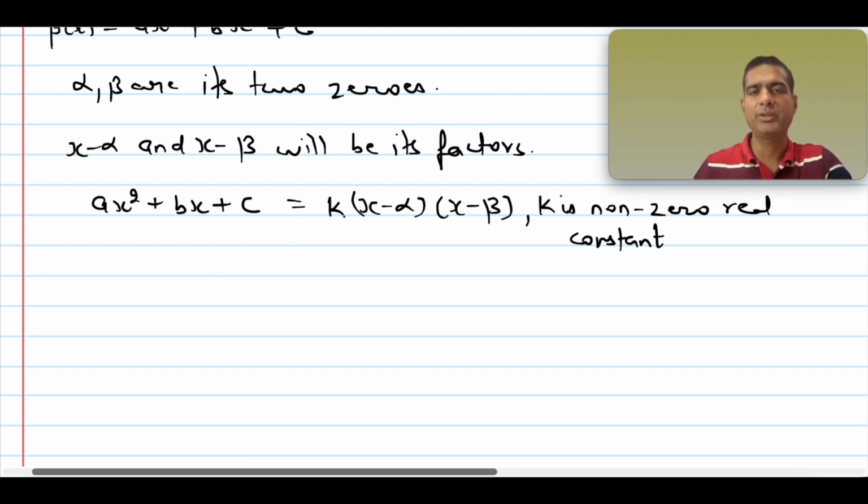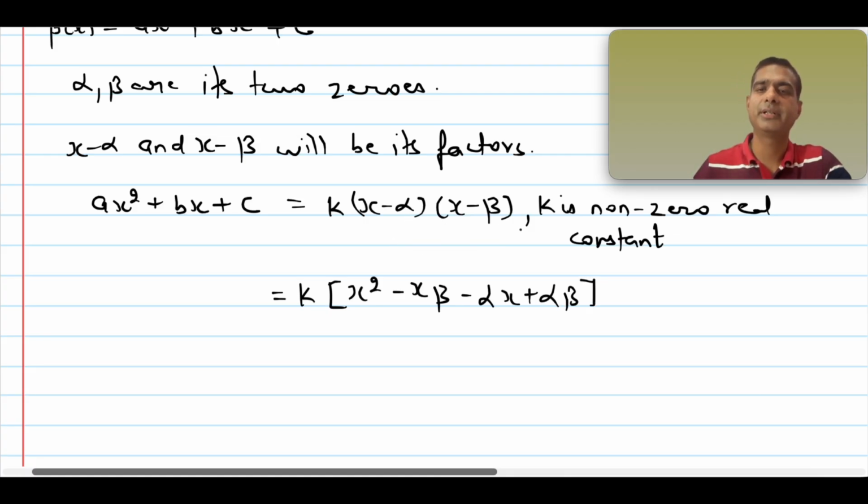So if we try to simplify the right hand side, so we can say k times, if we multiply by x, so it will be x square minus x beta, and then if we multiply by alpha to the right bracket, so it will be minus alpha x, and minus times minus will be plus and alpha times beta.